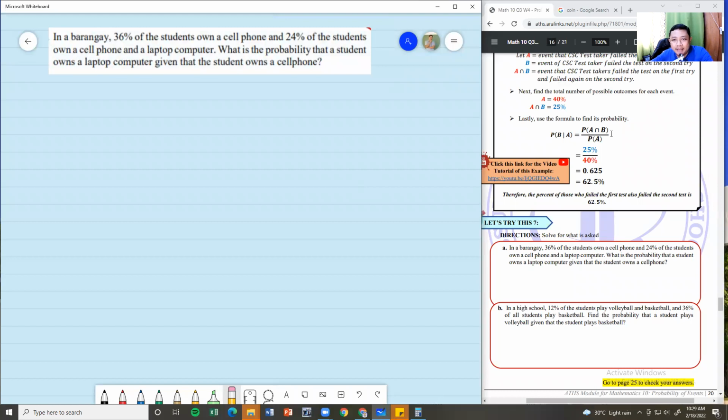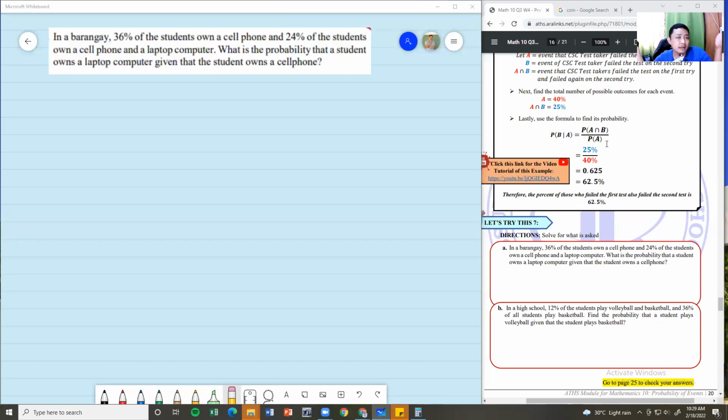In a barangay, 36% of the students own a cell phone, and 24% of the students own a cell phone and a laptop. They have a cell phone and also a computer.